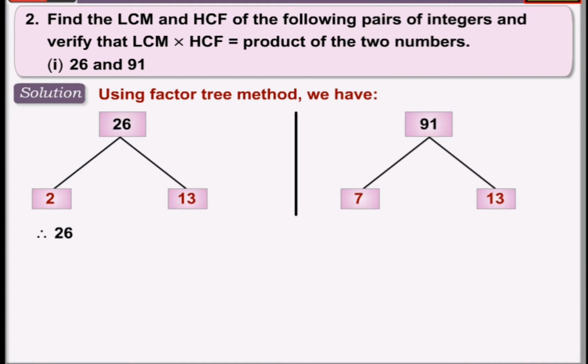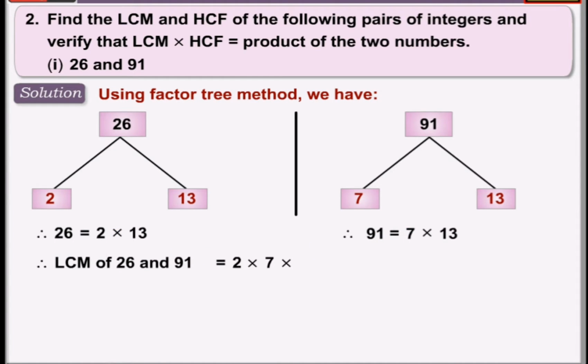So 26 is equal to 2 into 13. So 91 is equal to 7 into 13. Therefore, LCM of 26 and 91 is equal to 2 into 7 into 13, that is 182. HCF of 26 and 91 is 13.